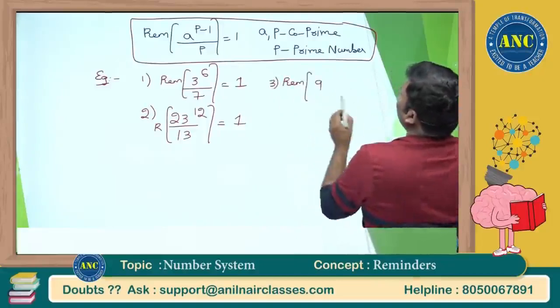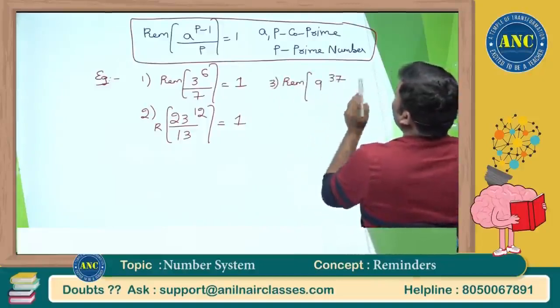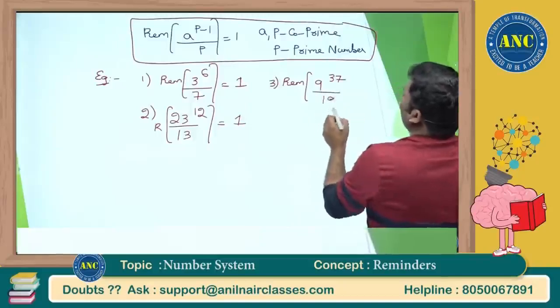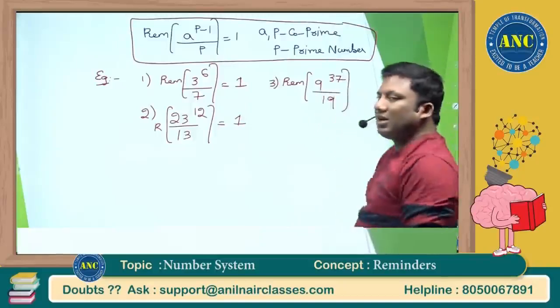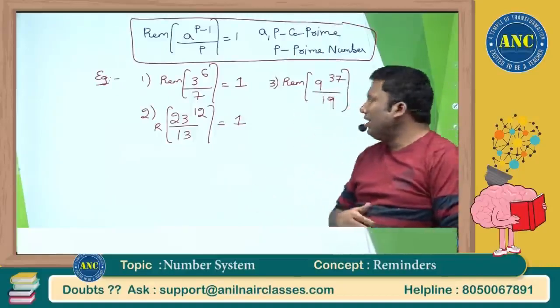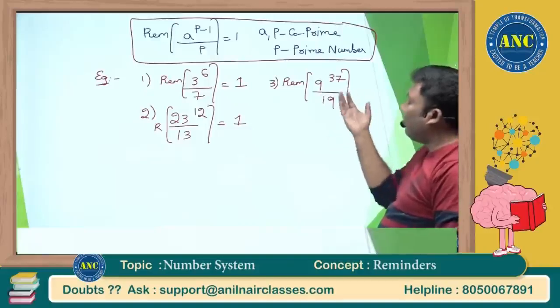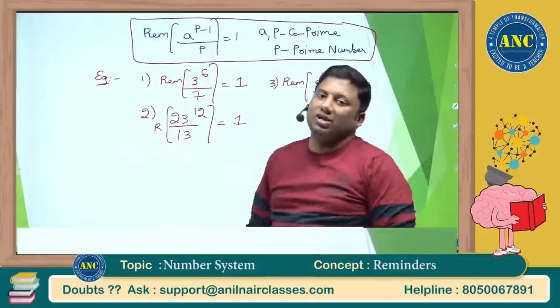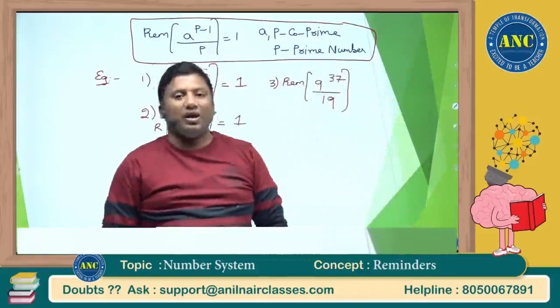9 power 37 divided by 19. If you use a negative remainder, 9 square, 9 cube, we have to find out which power of 9 when divided by 19 will give plus 1 or minus 1.